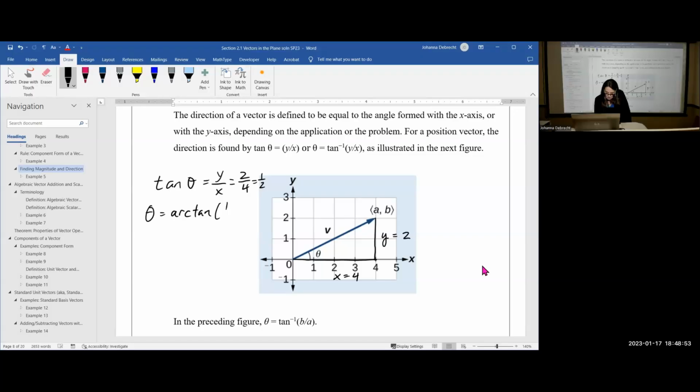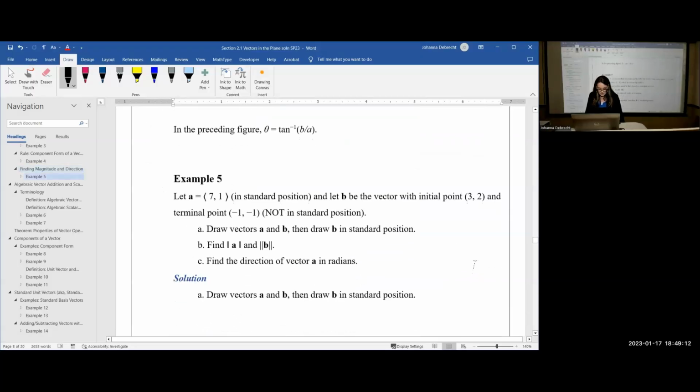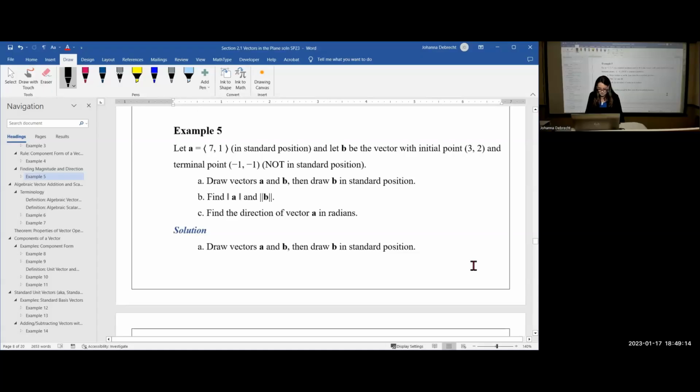We're looking for the angle whose tangent turns out to be 1/2, and that would be the angle theta right there. That's not one of the ones we memorized, so I don't know what that one is, but that's what it would be. We can do arc tangent of 1/2, and you can get it in radians, or if you want, you can do it in degrees, although I stick to radians for the most part.